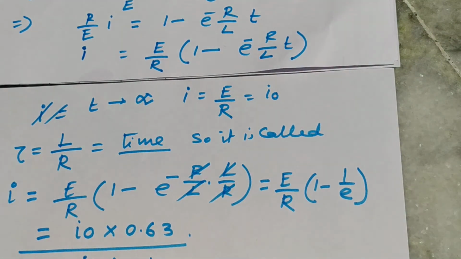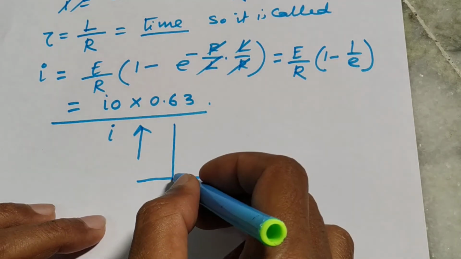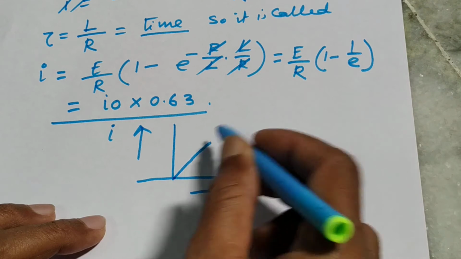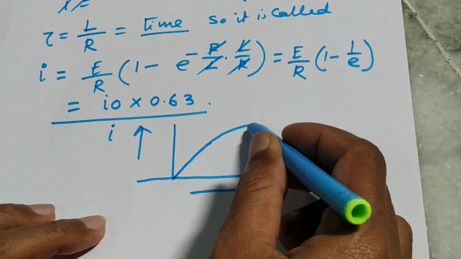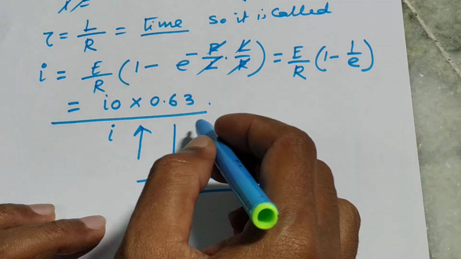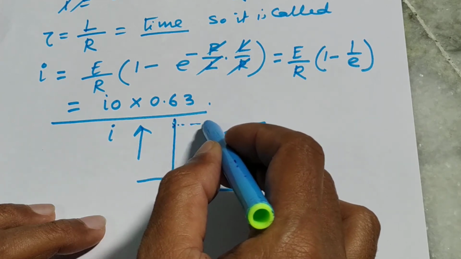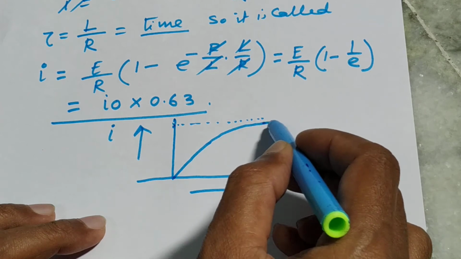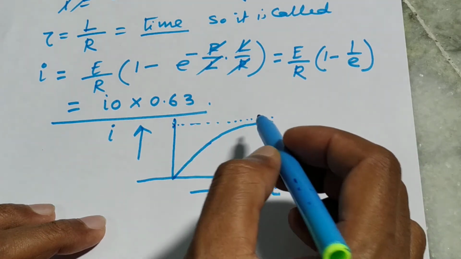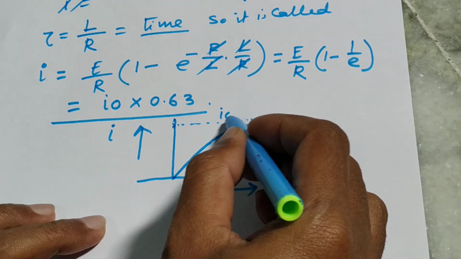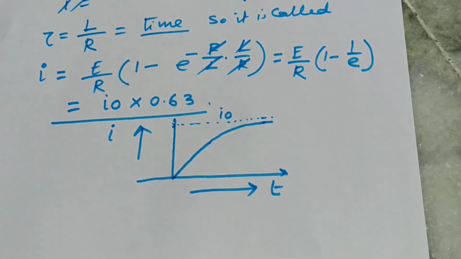So the graph will start from the origin and increases exponentially, and becomes maximum value at steady state, and the value will be I0. I0 means E by R.